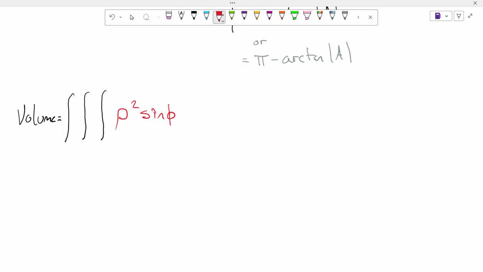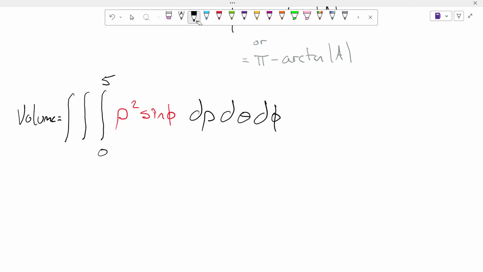But we need the rest of this integral to come together. So I need a d rho, I need a d theta, and I need a d phi. So let's go write all of those down. Phi was from 0 to 5. You don't need color for that one. 0 to 5.